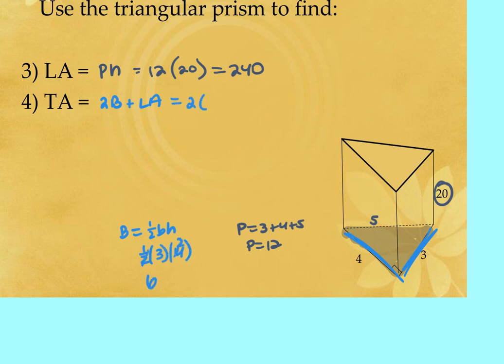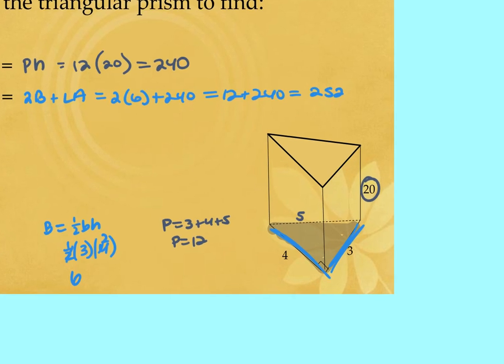So this would be 2 times 6 plus 240, 12 plus 240, 252 units squared. So the only difference between LA and TA is that you get the area of the base? Correct. You add in the area of the base, which in this case there's 2 bases, so they add in the area of the bases.